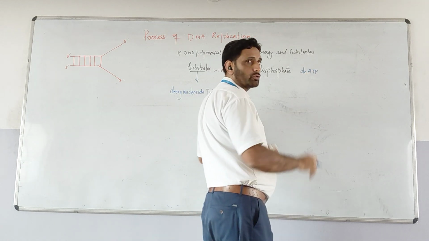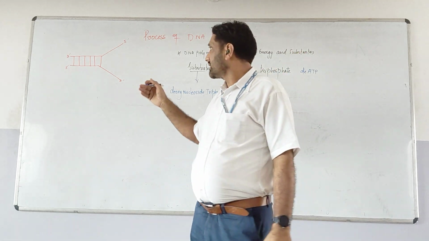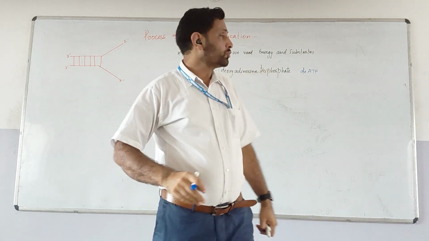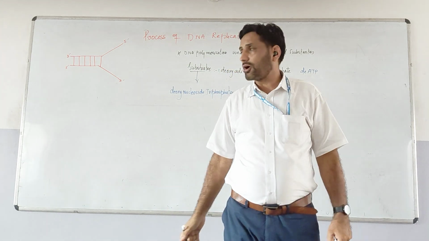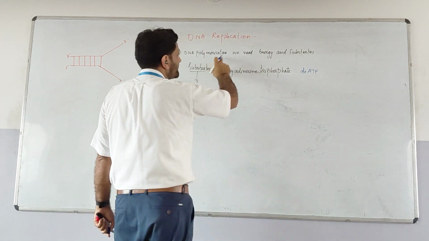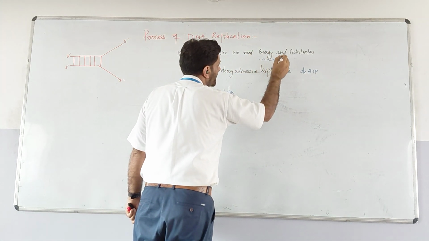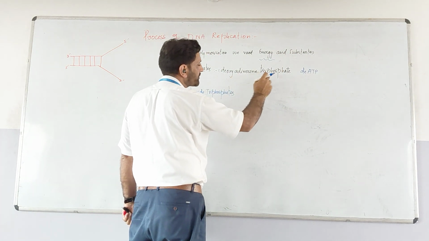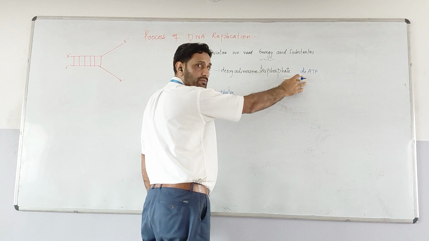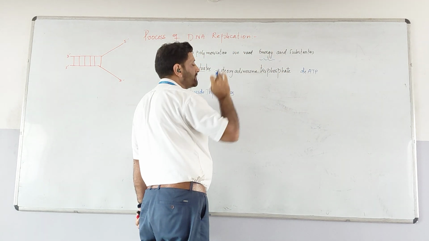But to bind into this DNA molecule, 2 phosphate groups will be released and they provide energy for the process. So here, DNA polymerization, we need energy. Energy कहाँ से आती है, वो सबस्ट्रेट कहाँ से आता है? हमारा सबस्ट्रेट deoxyadenosine triphosphate है. एक तो ये सबस्ट्रेट भी काम करता है and energy भी प्रोवाइड करता है.